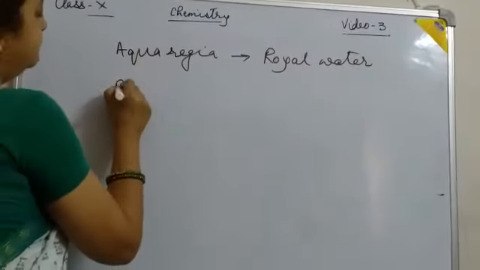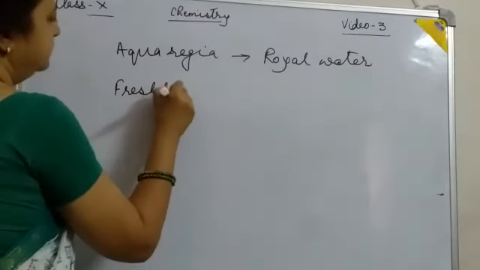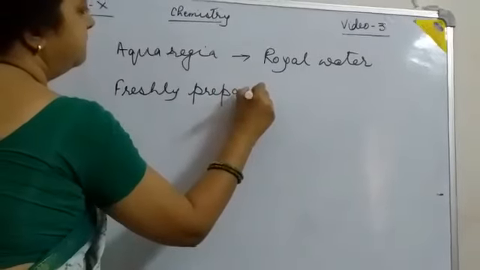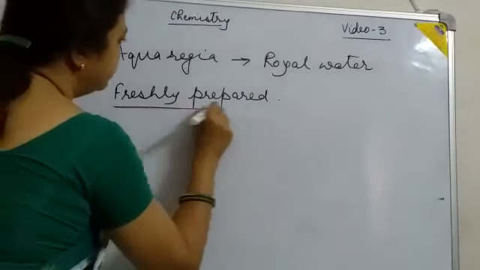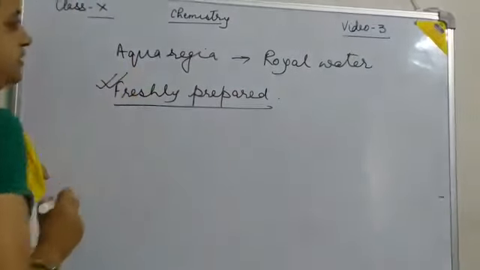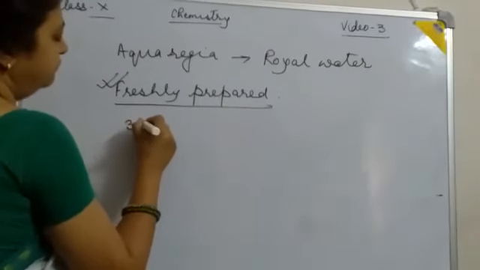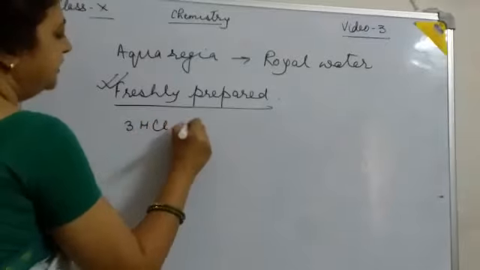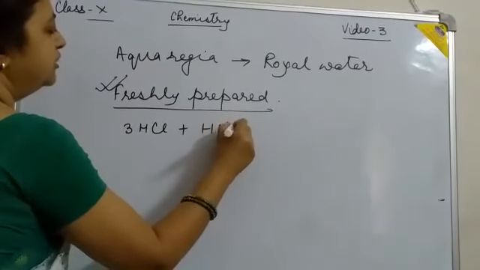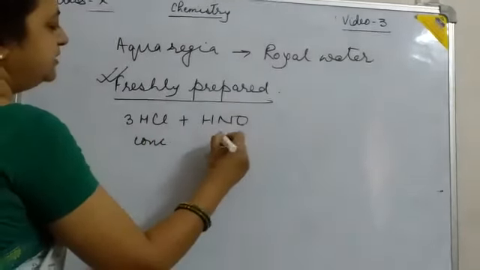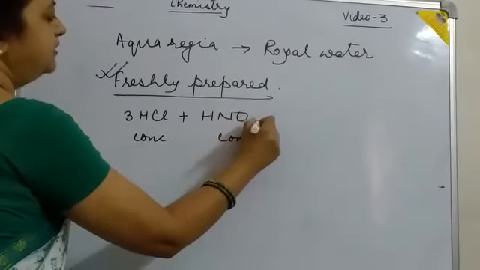It is a freshly prepared solution, you must remember this, of 3 parts HCl and 1 part HNO3. The 3 parts HCl is concentrated hydrochloric acid and the other is concentrated nitric acid.